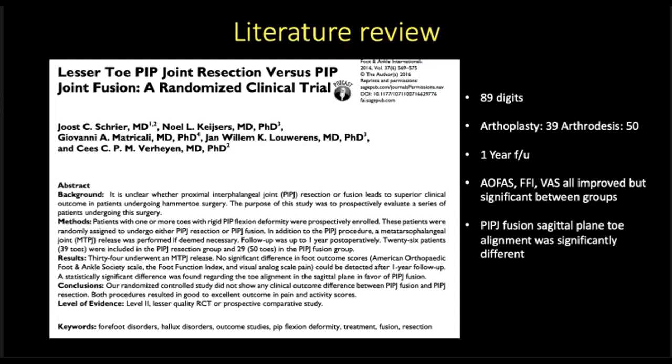However, there was a statistical difference in sagittal plane alignment, meaning there were better outcomes in the sagittal plane with PIPJ fusion, but from a functionality standpoint, from a patient perspective, there really was no difference. Again, I prefer arthrodesis over arthroplasty. It's a bit more predictable in my hands. Others may feel differently, but I like the arthrodesis.